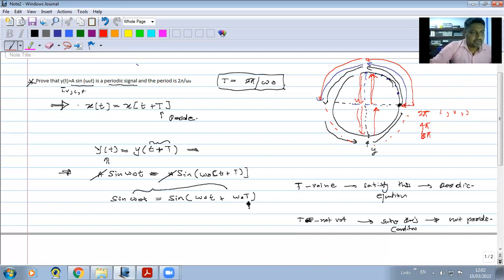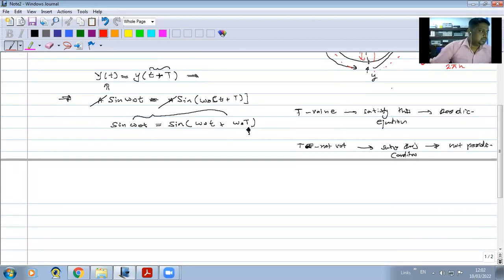So you can see that if the number of rounds is n, after 2πn, you will get the same result. So for the sine signal, we can write it like this: sine theta.